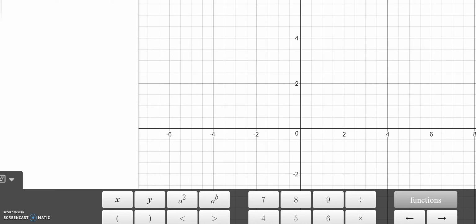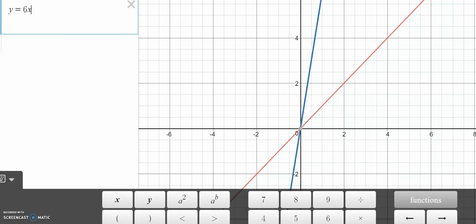So, say for example, y equals x. Now, this is the first one. Y equals x. It goes right through the center. Okay. Now, next one. How about y equals 6x? Have a look. 6x.